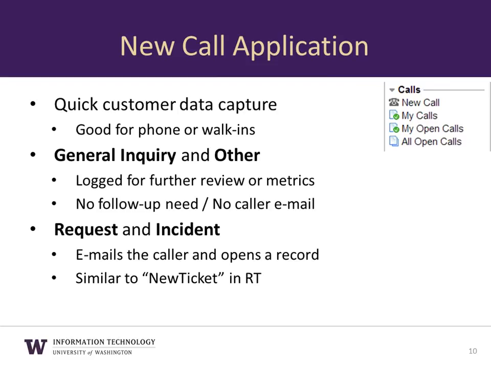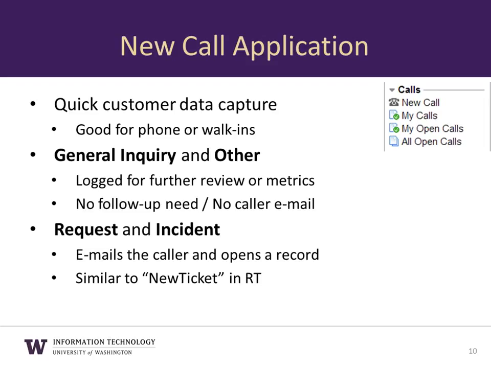We have two general destinations for anything that's a new call. You could log them as general inquiry or other, and this is going to basically log that data for your records. Okay? If you log it as a request or an incident, this will create a record and email the customer. This is a lot like clicking on New Ticket in RT.